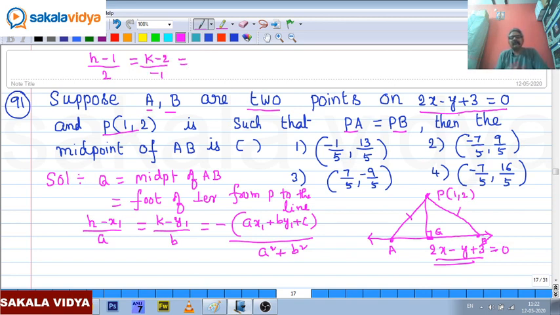Substituting 1 comma 2 in this line, 2 minus 2, cancel, 3 by 5. Okay. So now h minus 1 is equal to 6 by 5.